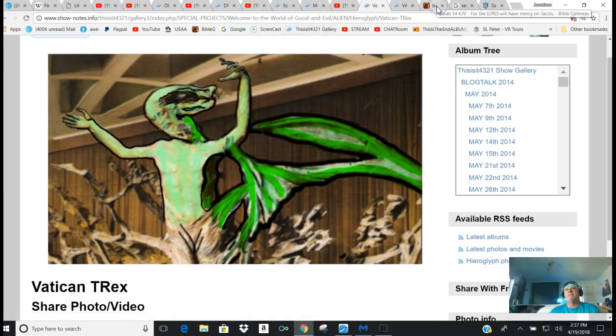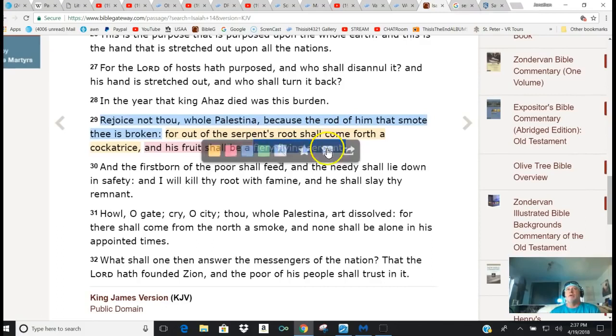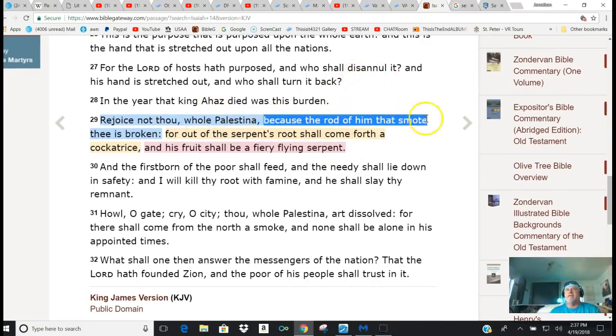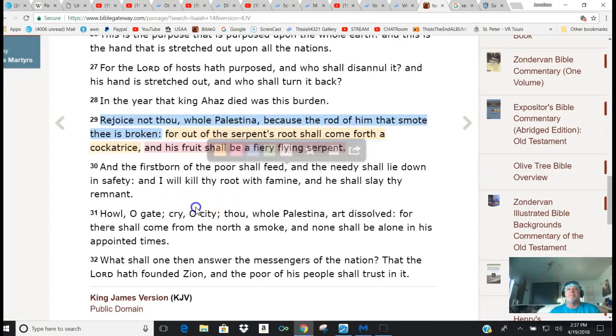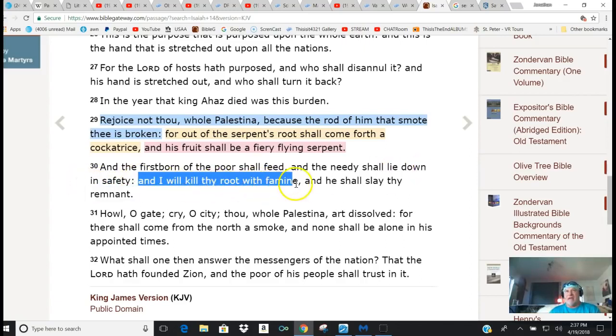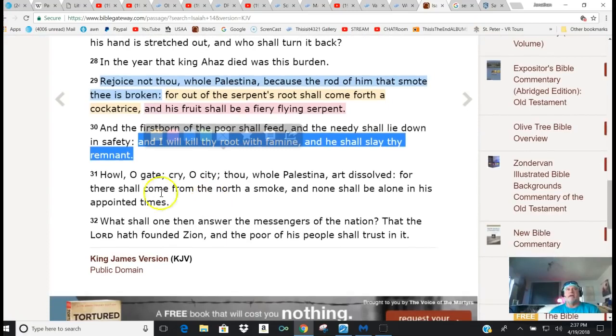Isaiah 14. Rejoice not, thou whole Philistina, because the rod of him that smote thee is broken. For out of the serpent's root shall come forth a cockatrice, and his fruit shall be a fiery flying serpent. And the firstborn of the poor shall feed, and the needy lie down in safety. And I will kill thy root with famine, and slay thy remnant.